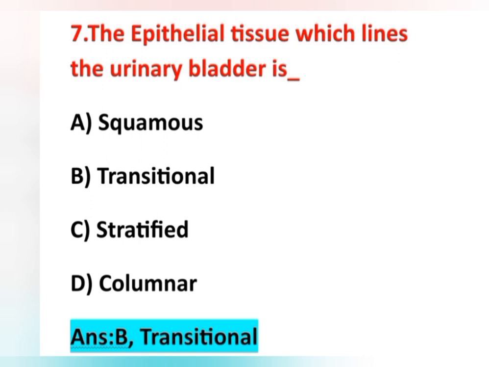Ureter and urinary bladder are lined by transitional epithelium. The epithelial lining of various organs is an important area: squamous, stratified, columnar epithelium are all important. Option B is the correct answer.